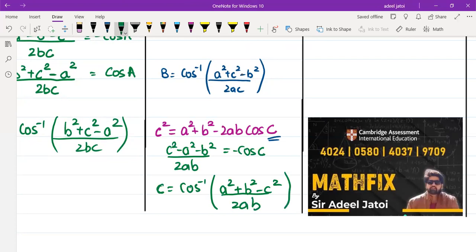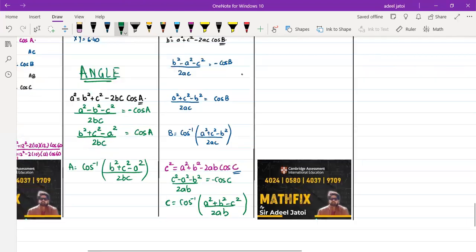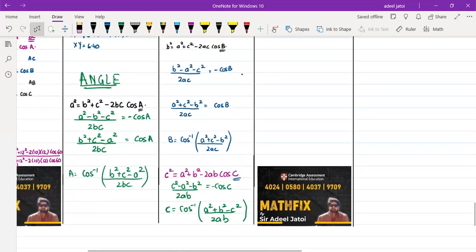So this will be the answer for angle C. Now these are the general cosine rule formulas.